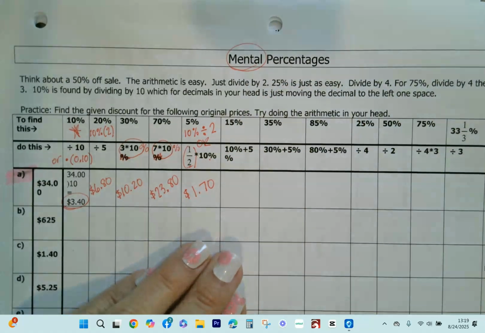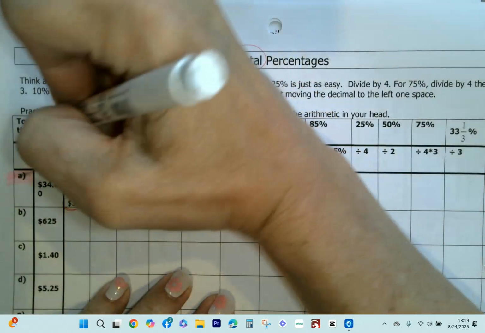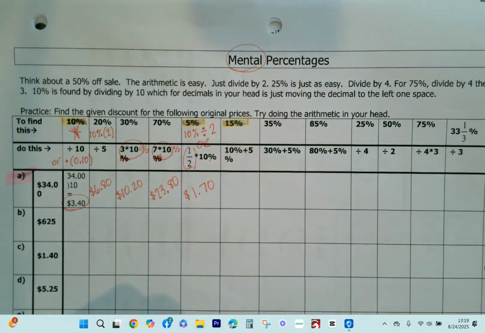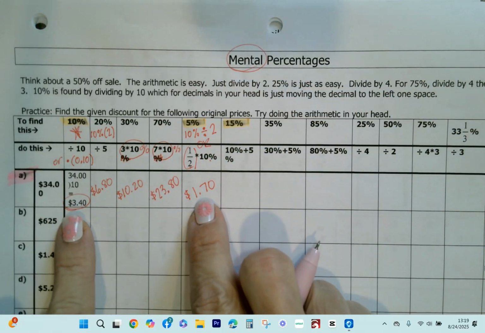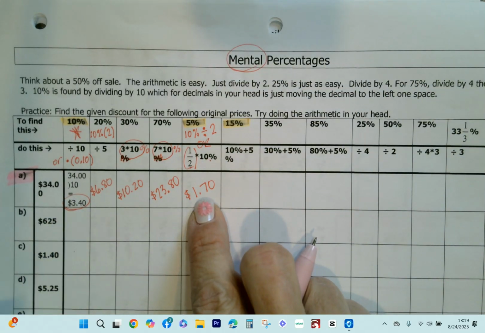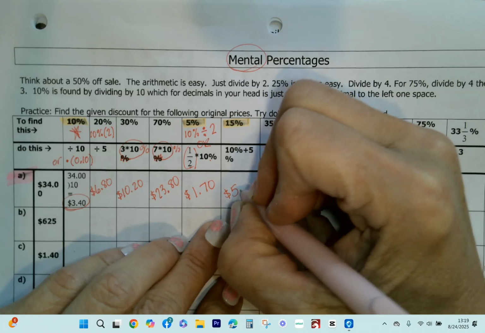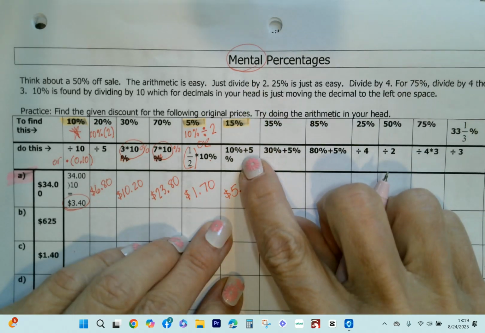Okay, so I've got 10% and I have 5%. That makes 15%, right? So now I can literally just add the 340 and the 170. So 340 plus 170, I'm going to get 510. Okay, and that's what is right here.